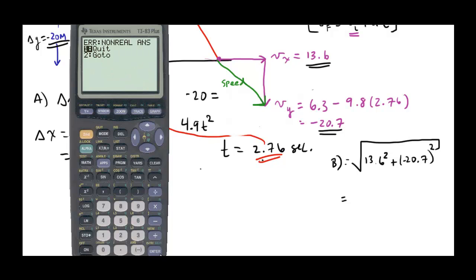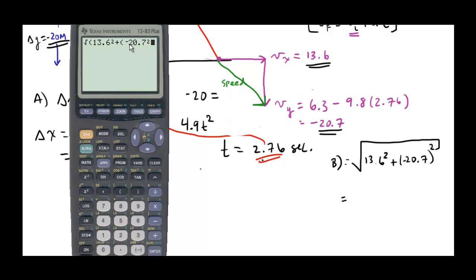And I end up with, oh, what did I do? Huh. What have I done? It doesn't seem to want that. What happens if I hit enter now? Oh, it still doesn't like it. Oh, I know, I screwed up my parentheses. What my calculator has done is read this as negative 1 times 20.7 squared.